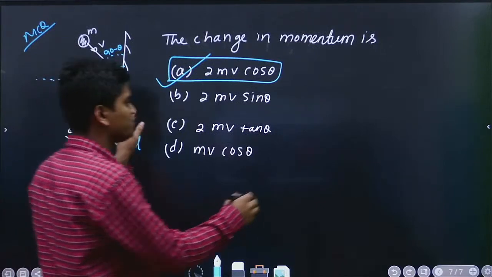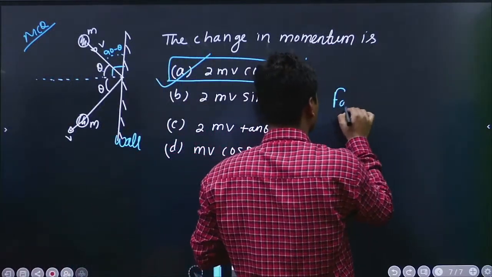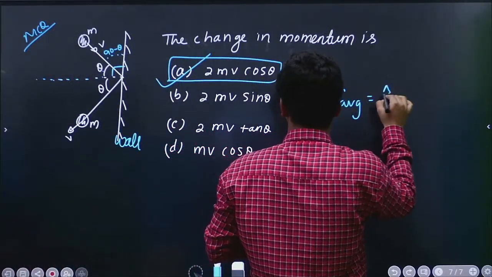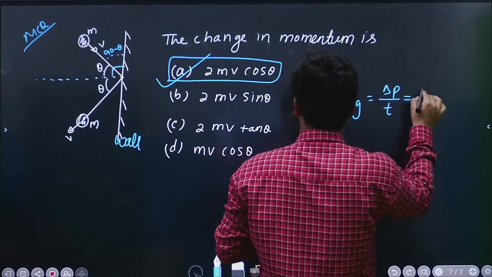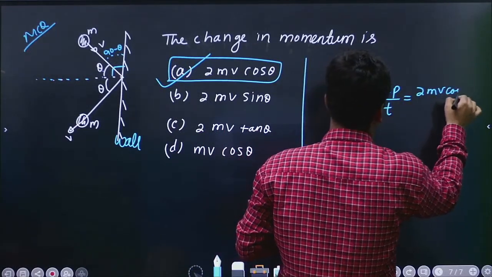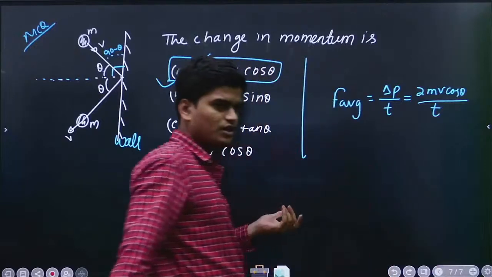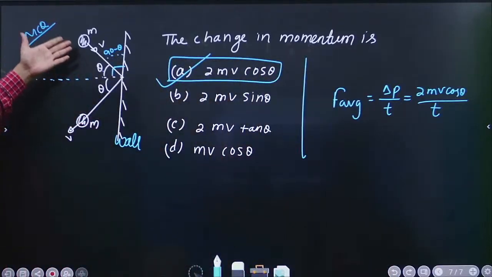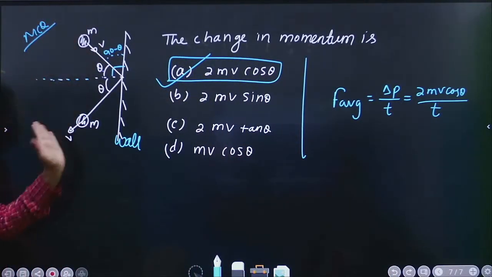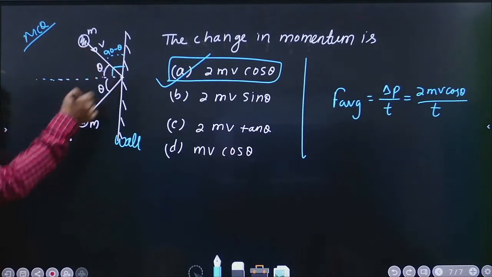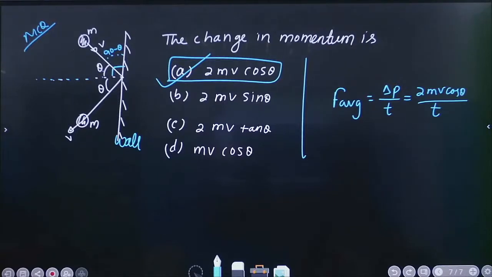Similarly, if they ask for average force, they'll give time. Average force is change in momentum by time, or 2 mb cos theta by time t. Time, mass and velocity will be given, like velocity 10 and mass 1 kg, so you can find it easily. But remember, the same velocity coming in is the same velocity going out. Clear idea? Okay.